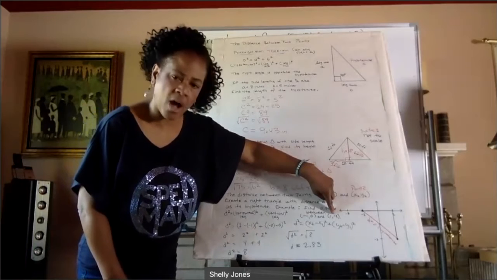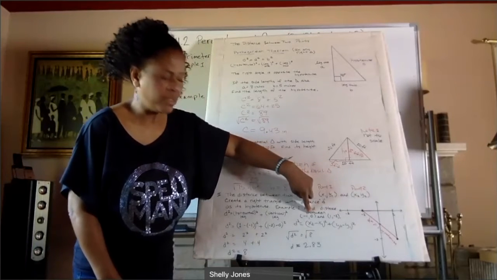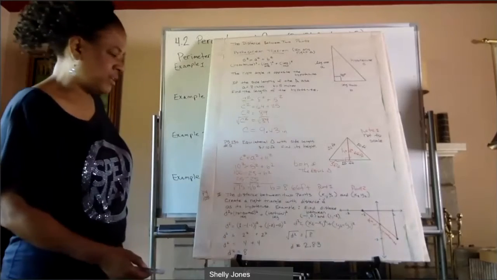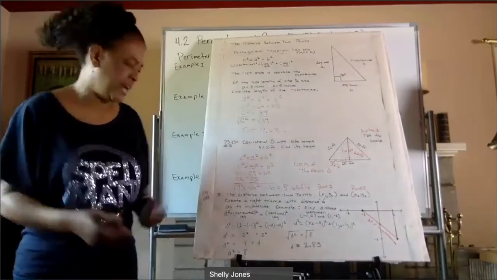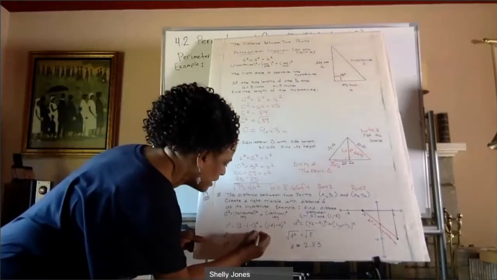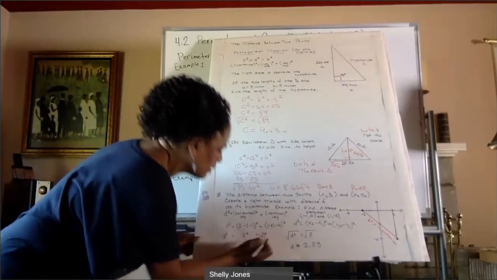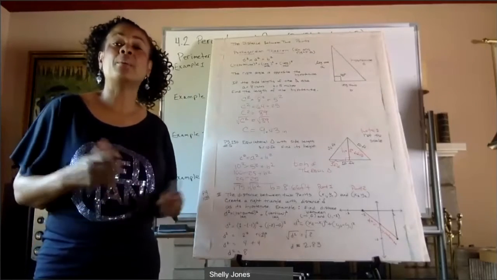And then my y difference is negative 2 minus 0. Now remember, in this case, when we're talking about distance, even if we have a negative, which this should have been negative, negative 2 minus 0, it won't matter because if we have negative times negative, we still get a positive.